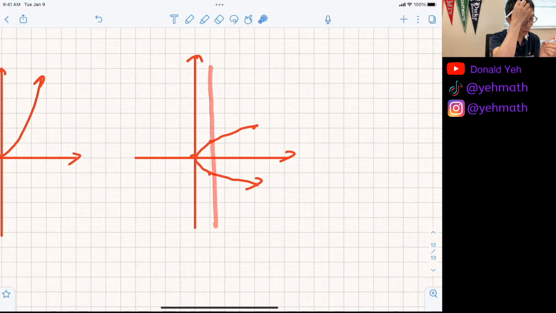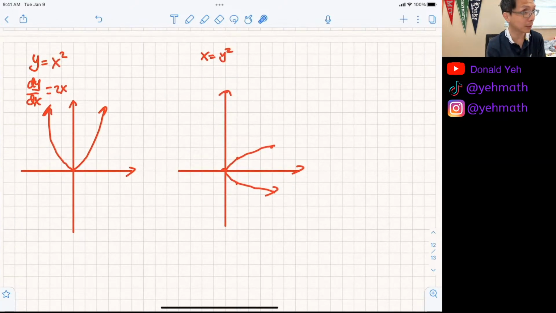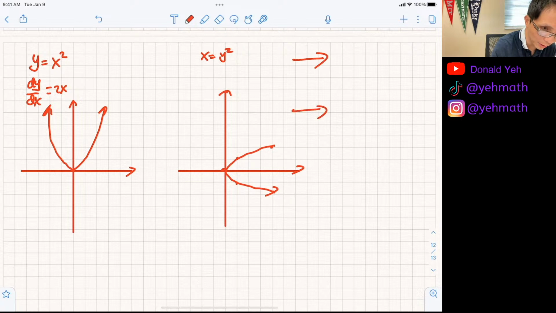So we failed the vertical line test. We say this is not a function, but we can still take a derivative. There are two ways to take a derivative. We can do it explicitly: I can change this to two functions, just like she says. You can say y equal to plus square root x and y equal to negative square root x.